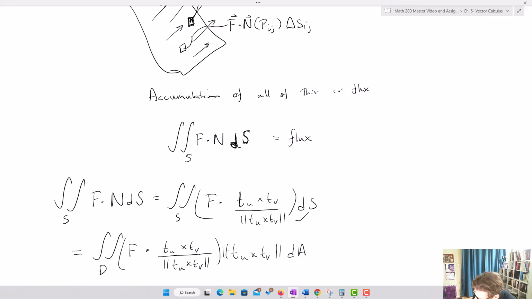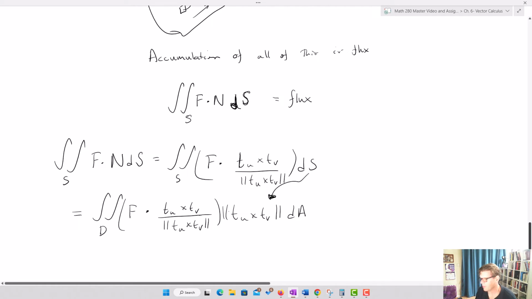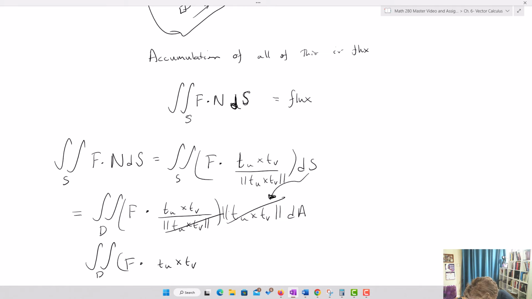Remember that our dS is basically equal to this, okay? And we just change it conceptually to a region D, and I'm going to calculate this over the region D. These cancel, and so now over this region D, whatever that is, we have F dot Tu cross Tv dA.